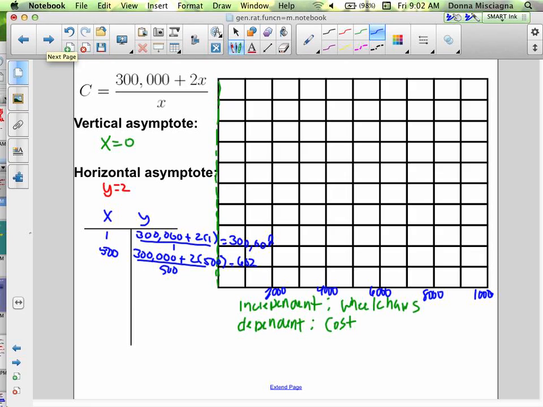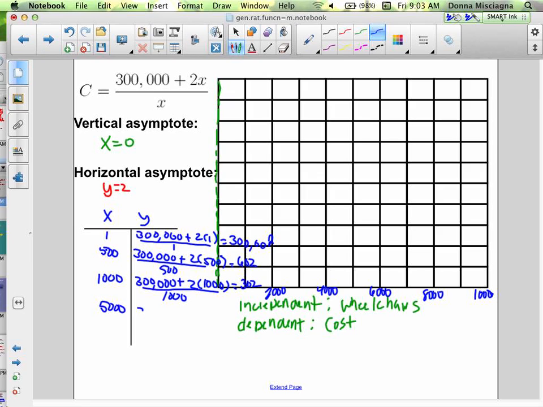All right, so let's do 1,000. So then we have 300,000 plus 2 times 1,000 divided by 1,000. So that's going to be 302,000. If I divide by 1,000, that's just going to be $302. Well, if we leave off the $302,002 wheelchair, we can go up by much smaller numbers. Let's do 5,000.